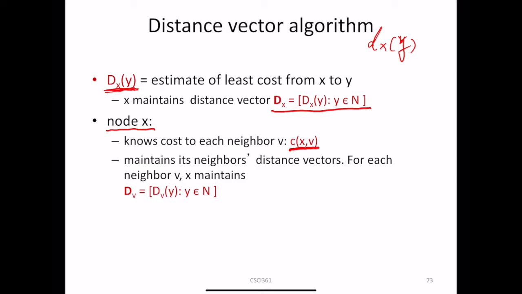That's the part of the local information. So for each router x, it will know the direct link cost. And also node x will maintain its neighbor's distance vectors. For each neighbor v, x will maintain its neighbor's distance vector.